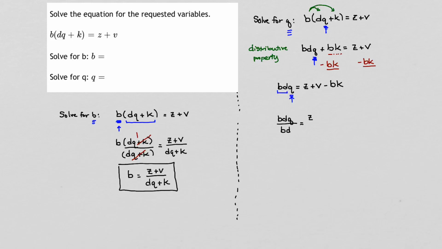And when I do it to the left side, I also have to do it to the right side. So on the right side, we have z plus v minus bk divided by bd. And bd divided by bd is 1, so that goes away, and we're left with just q on the left side. We have now solved our formula for q. We have q equals z plus v minus bk all over bd. Not too bad when you go slow.